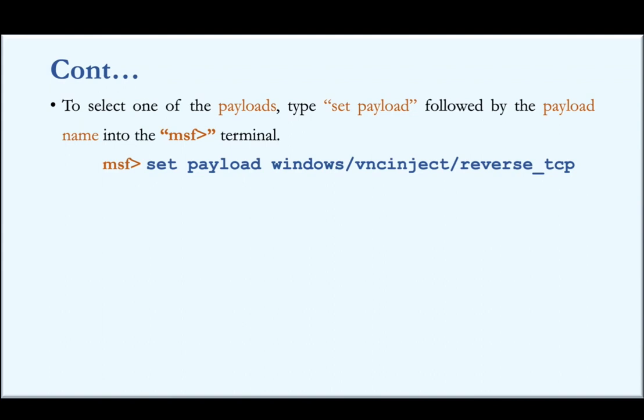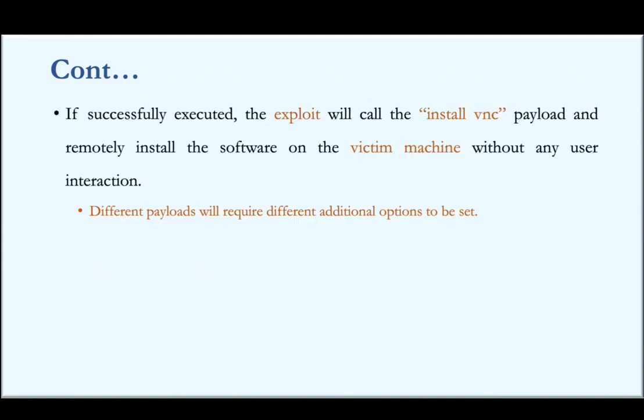Different payloads will require different additional options to be set. If you fail to set the required options for a given payload, like the remote host IP address and remote port numbers, there are few things worse than getting this far and failing to set an option.